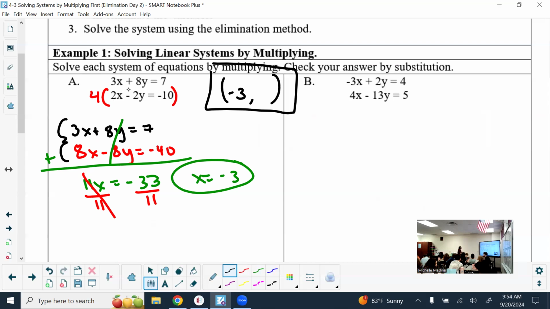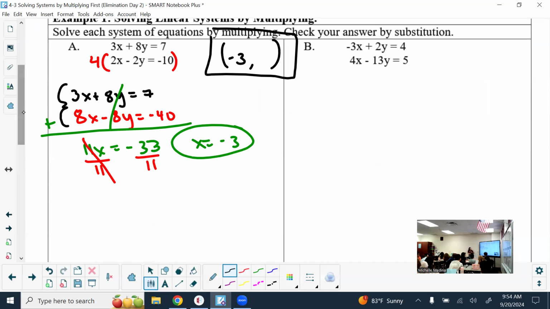So x is equal to -3, which means we plug in and solve for y. Okay, so if I'm plugging into the top equation, then it will look something like this before I start simplifying.